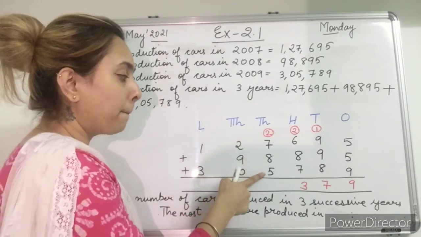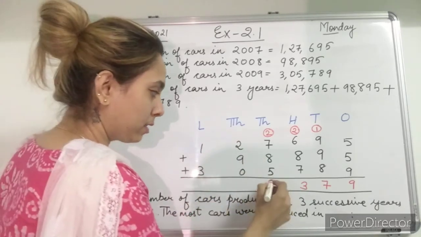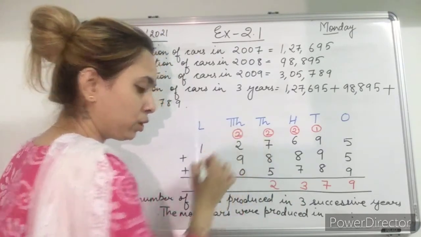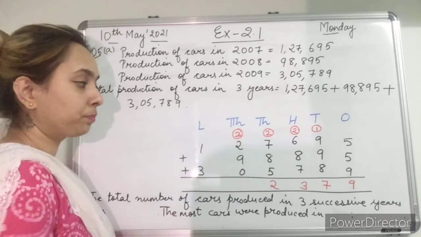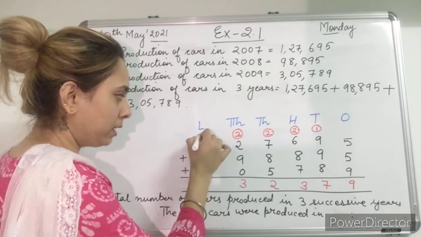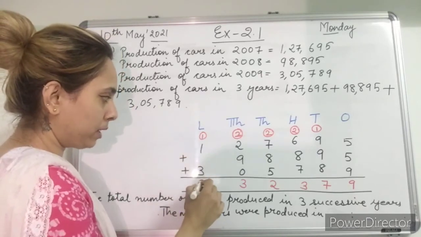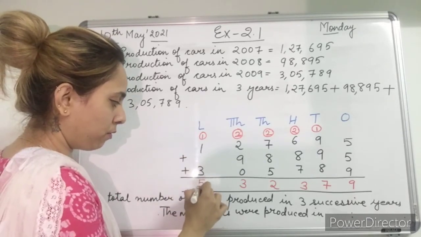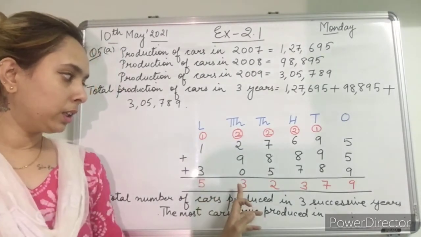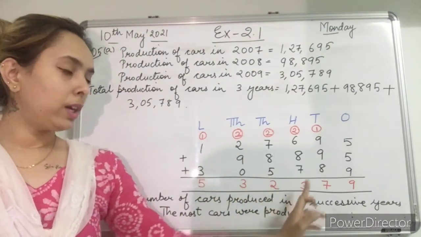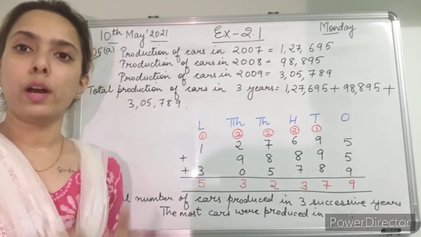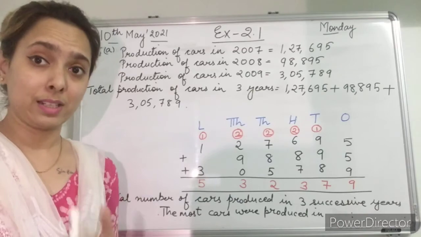And 17 plus 5 is 22. Now 9 plus 4 is 13 and 3 plus 1 plus 1 is 5. So here we have got the answer as 5,32,379.